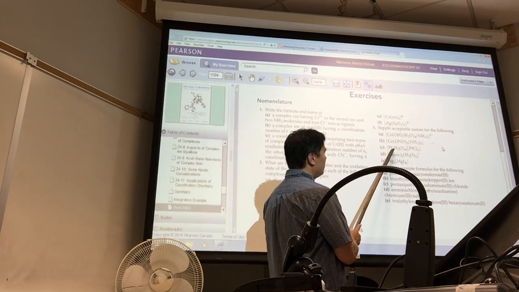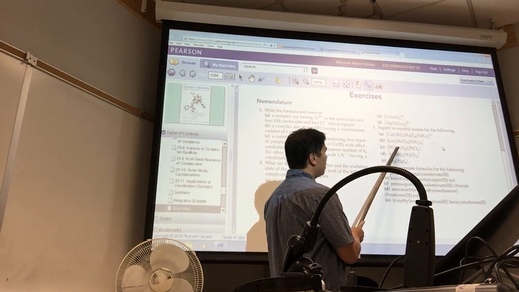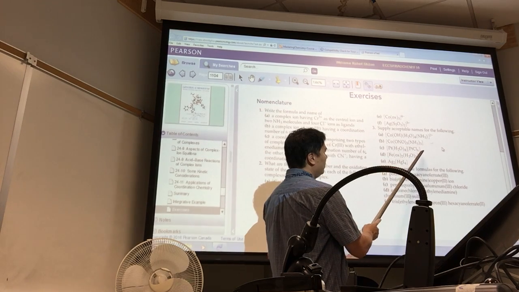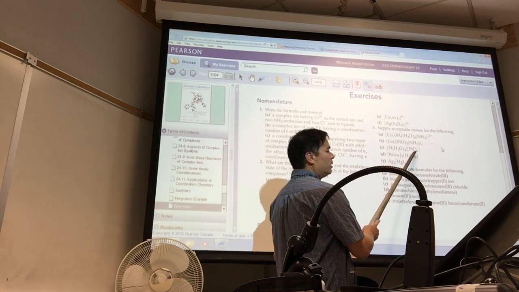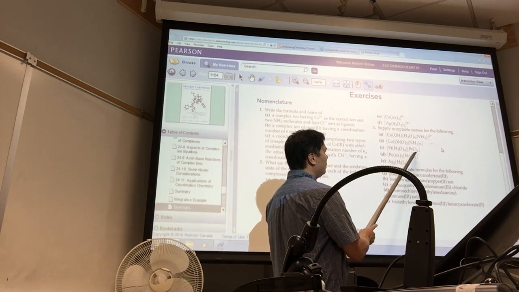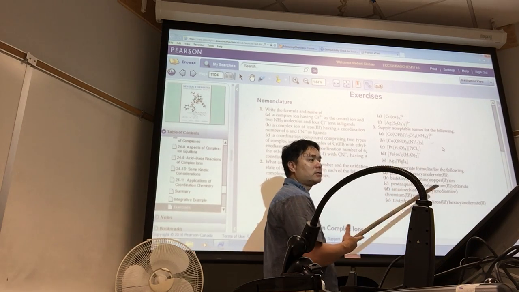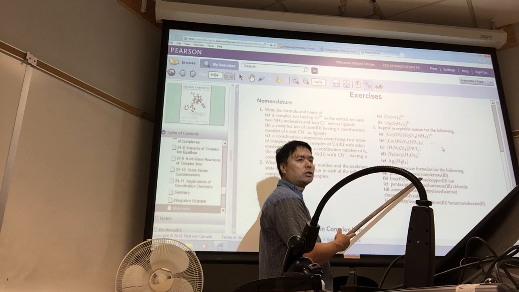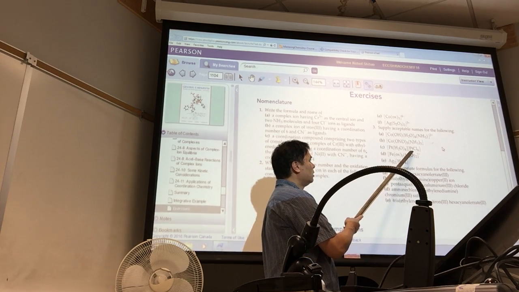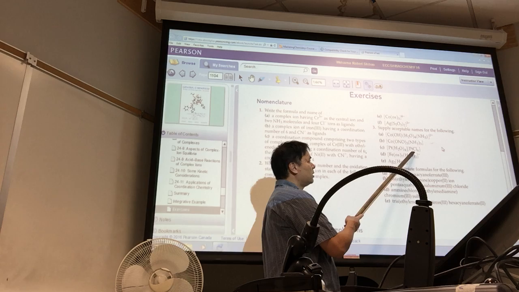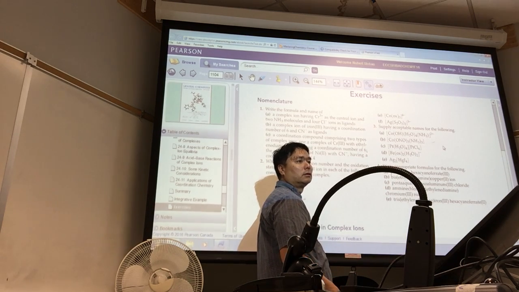Yes. This could be platinum 4, so it could be tetra-aqua platinum 4, hexachloroplatinate 2. And that would be a +4 cation, -4 anion, and it balances out in a 1 to 1 ratio. So it could be +4 and +2, that works out.